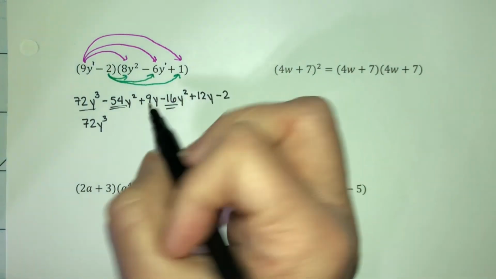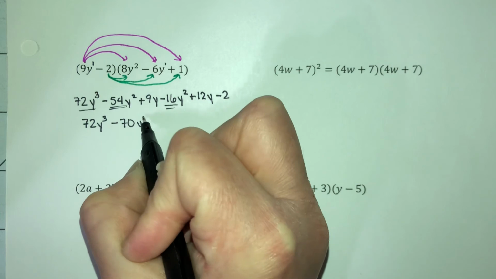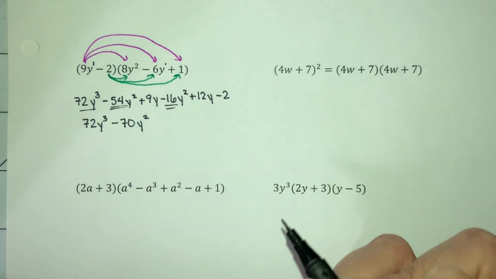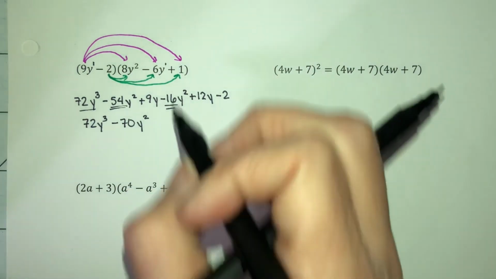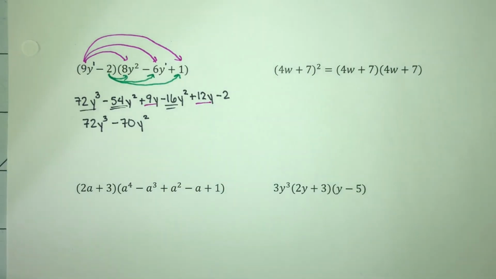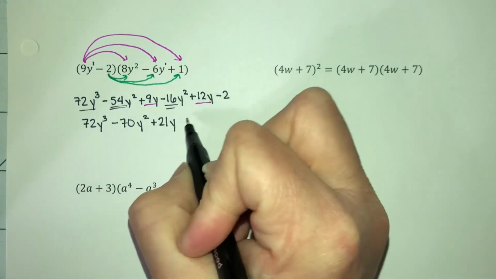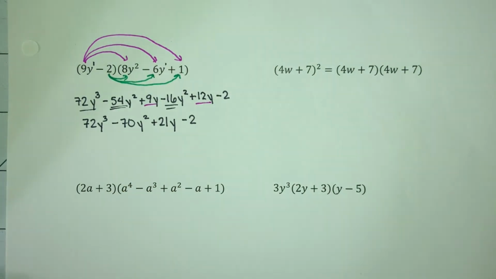That gives me negative 70y squared. And then 9y plus 12y would be 21y. And then I have the minus 2. That should be my answer.